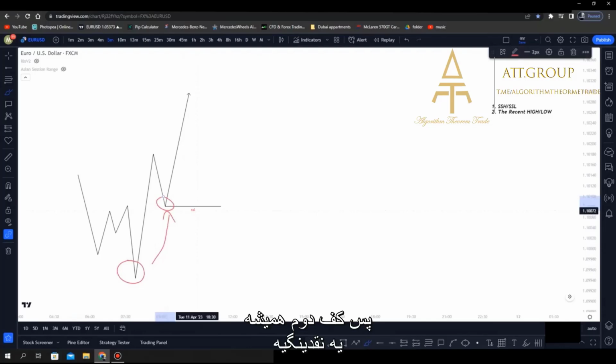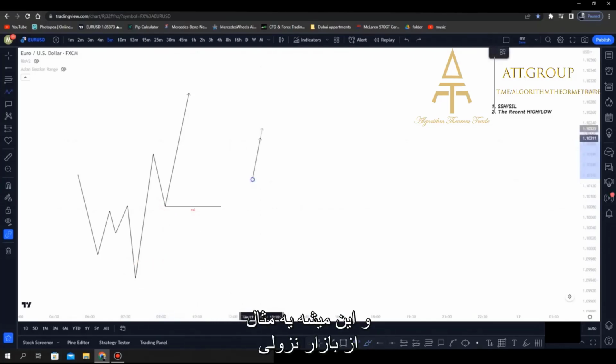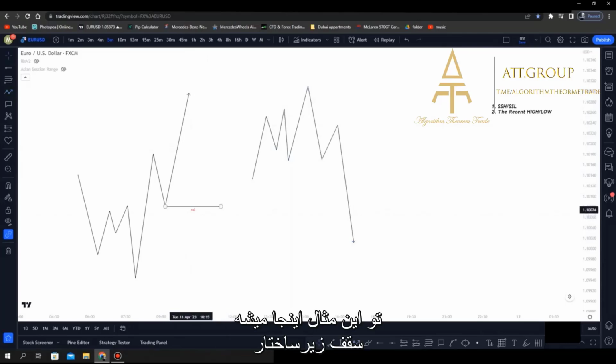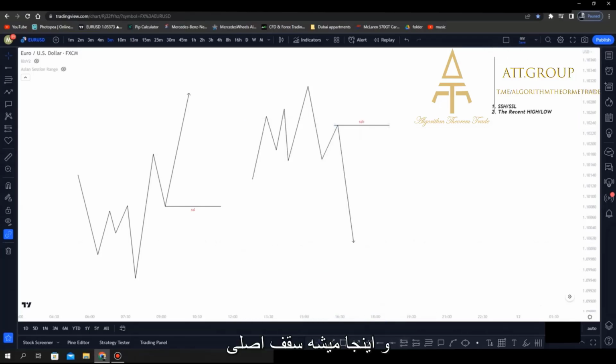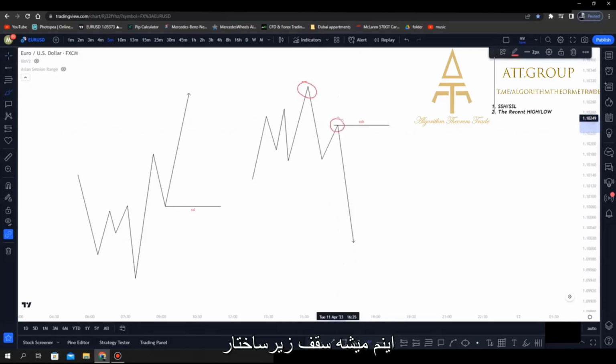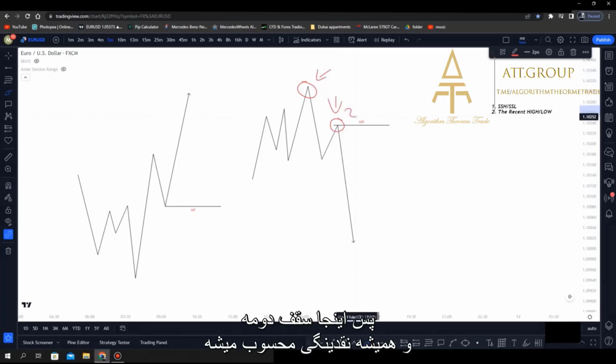So the second low is always the liquidity point. This will be an example in a bearish market. This would be the substructure high in this case. This is the main high, and this is the substructure high, the second high, and it's always a liquidity point.